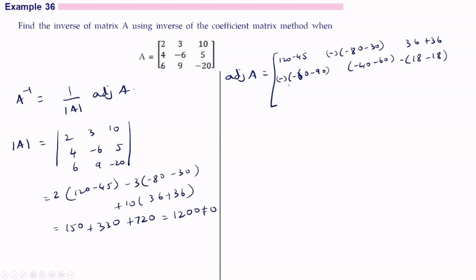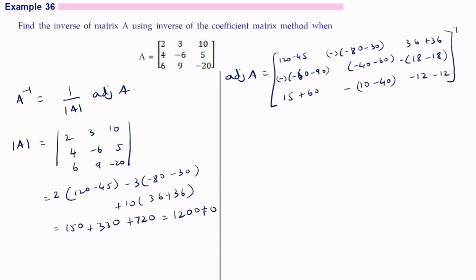Next we have the cofactor of the element in the third row, first column. Here it is positive 15 plus 60, and here it is negative 10 minus 40. Here again it is positive, so minus 12 minus 12.